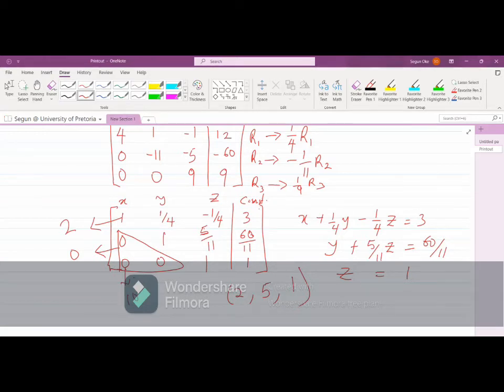Now, the first thing is, look at this. Let's say 2 is there, and I want to eliminate 10. I can decide to multiply this one. I can say 10 multiplied by R1.